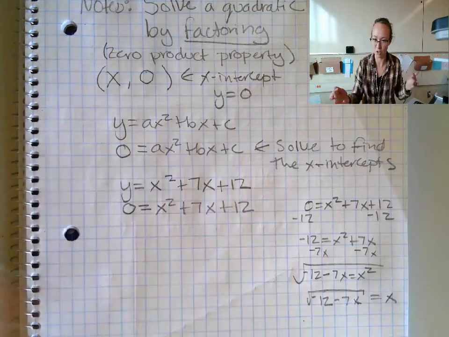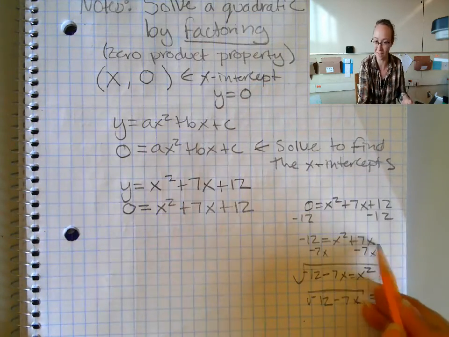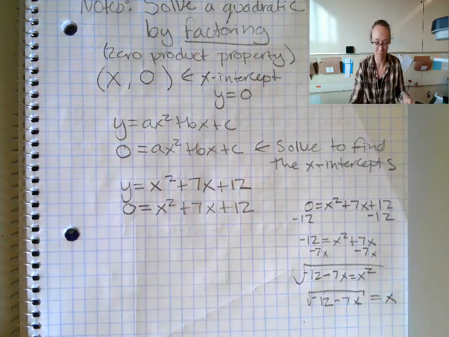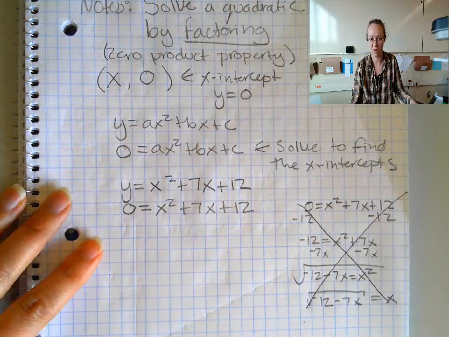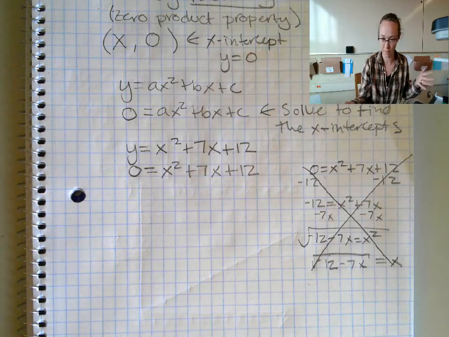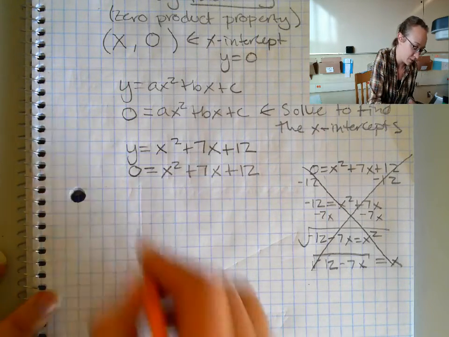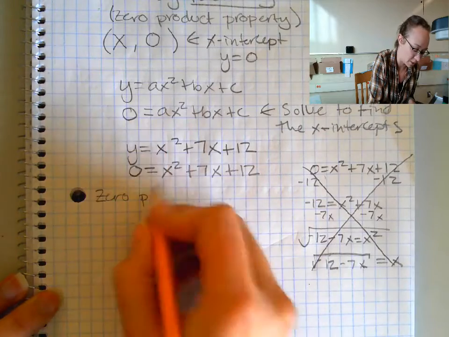You can't combine your like terms in order to solve because you've got an x and an x squared. So this doesn't work. We need a different strategy. And this is where what's called the zero product property comes in. Okay? So, slight detour. We're going to come back to this, I promise.